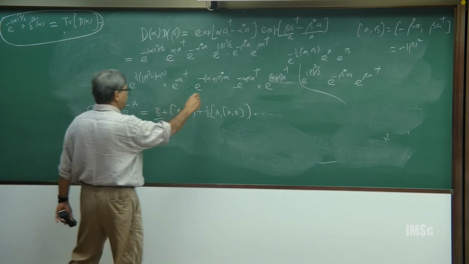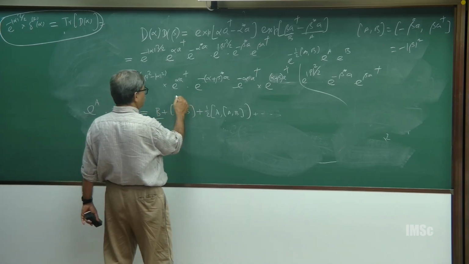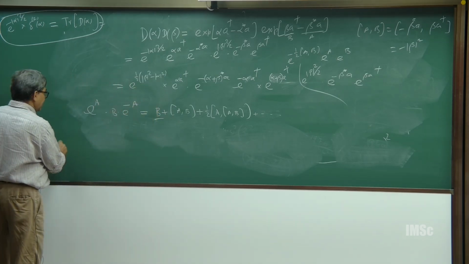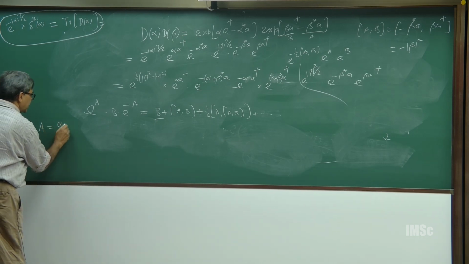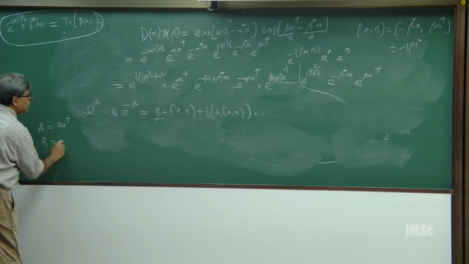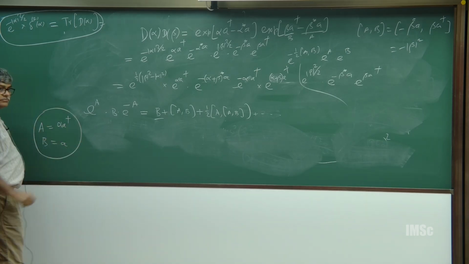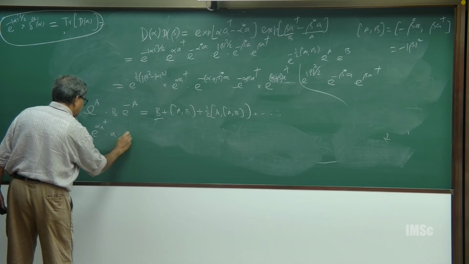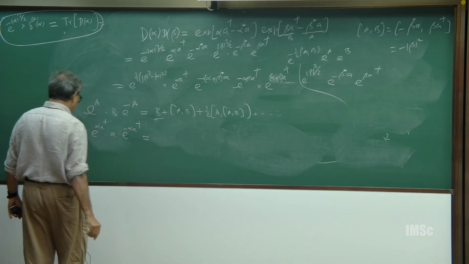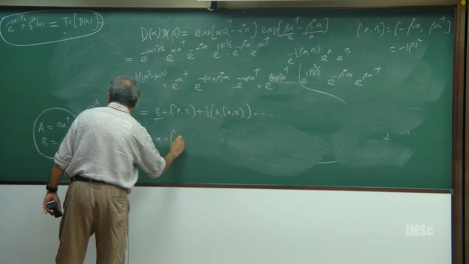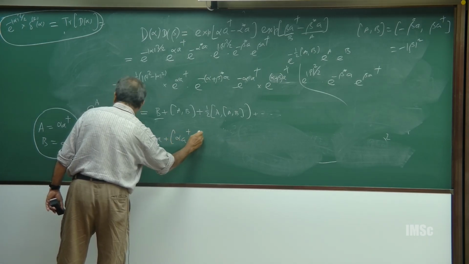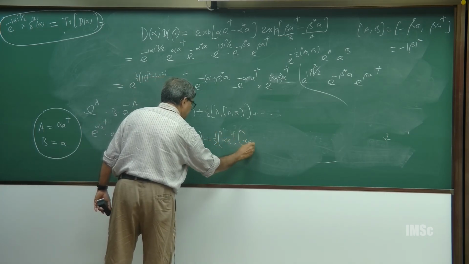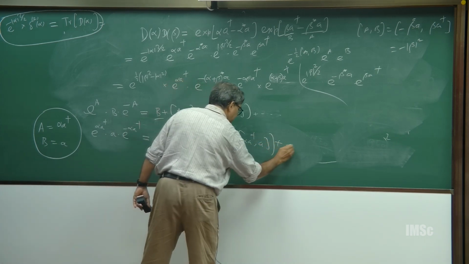So, now for this one, we need to do it for A first and then we can do it. So let us take A to be alpha A dagger and B to be just A, small a. Okay. So, then e to the power alpha A dagger times A times e to the power minus alpha A dagger, this will be A plus commutator of alpha A dagger comma A plus half commutator of alpha A dagger comma alpha A dagger of A plus so on.